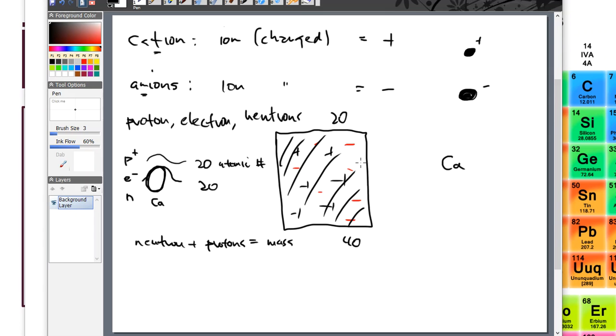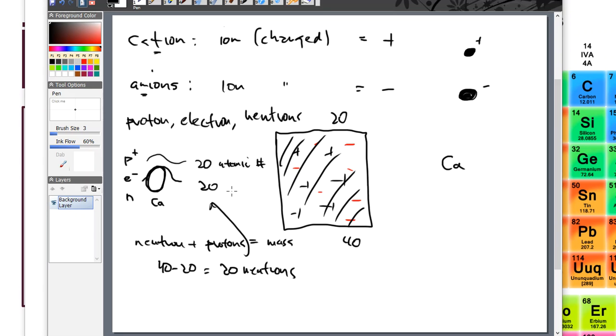All right, so what this means is that if I can take this top number, which is the atomic number, and if I can subtract that from the mass number, so 40 minus 20 will give me 20, and this is going to represent the number of neutrons that we have in the atom as well. So these are the basic calculations that you might be learning in a general chemistry class, and this is how we do them.